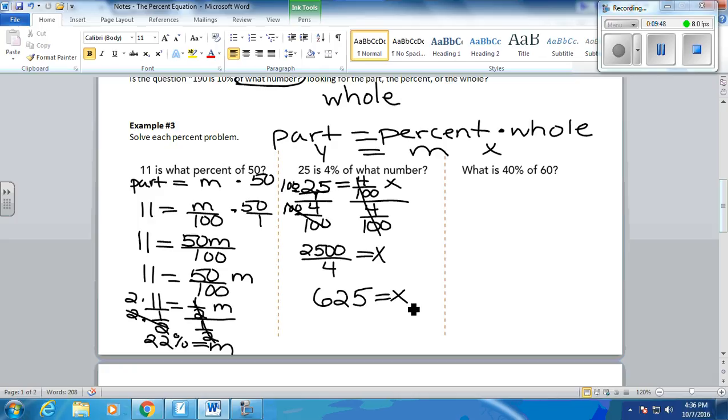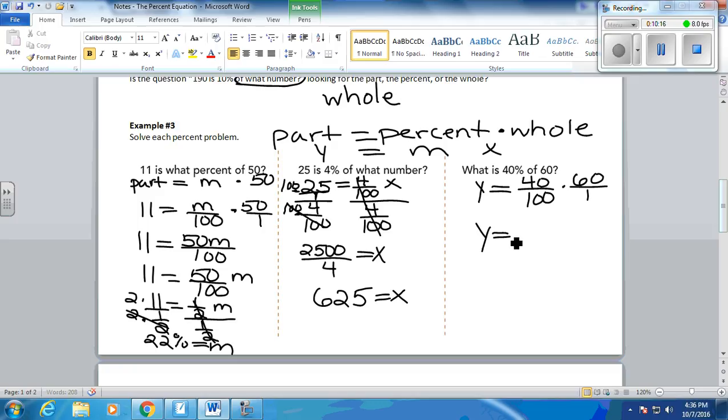The last one says, what is 40% of 60? So what is, that's my part. I don't know what my part is, so I will replace it with a y. Is, again, meaning equal. 40%, so I will put 40 divided by 100 of 60, I'll multiply by 60. Again, think of 60 as being over 1. I know I shouldn't say over 1, but it's a whole number, and to make any whole number a fraction, I place the number over 1.